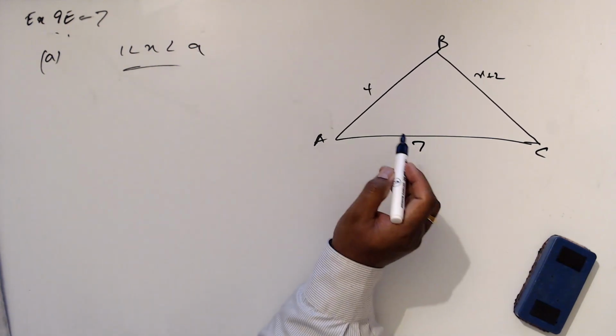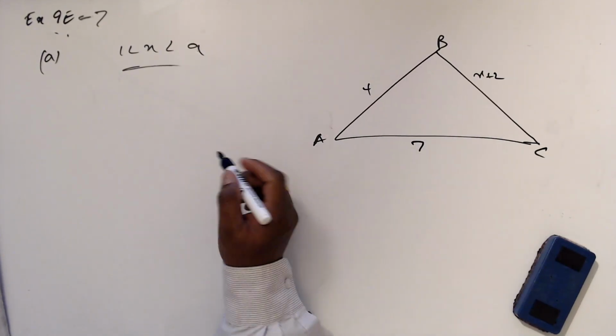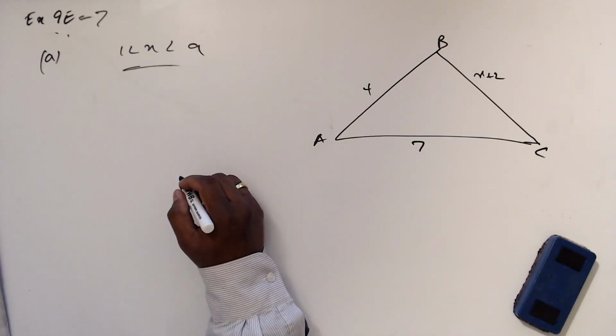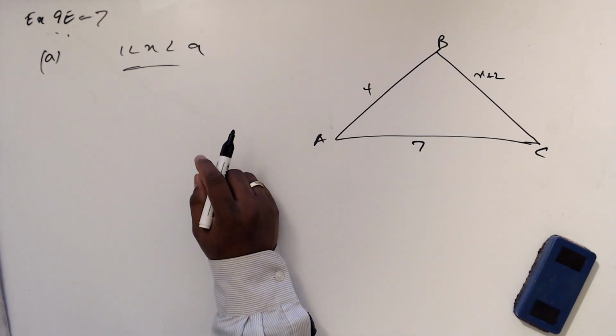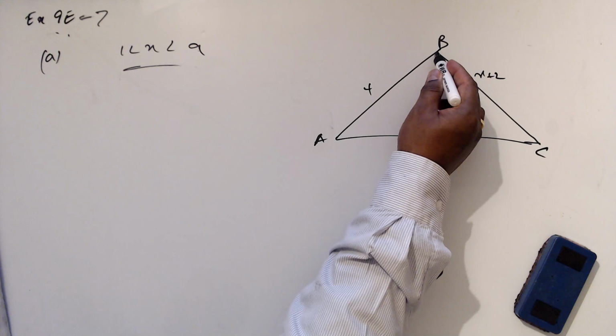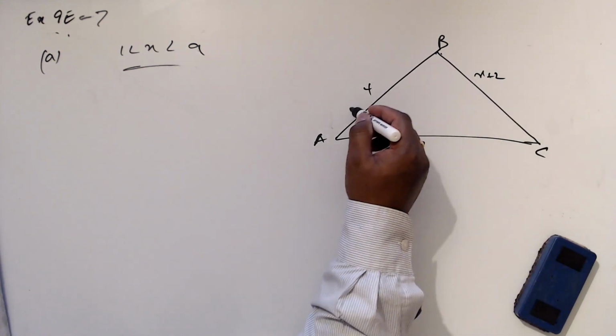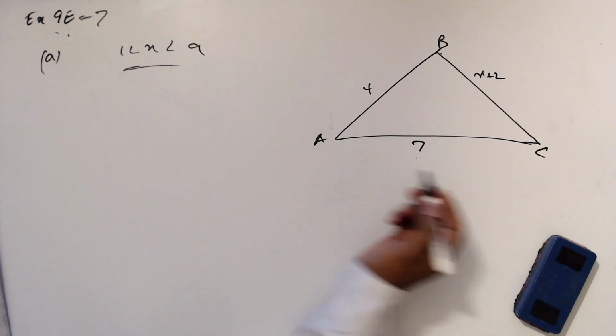One characteristic of any triangle is that the addition of two sides is always greater than the third side. So if we consider AB and BC, the addition x plus 2 plus 4 has to be greater than 7.